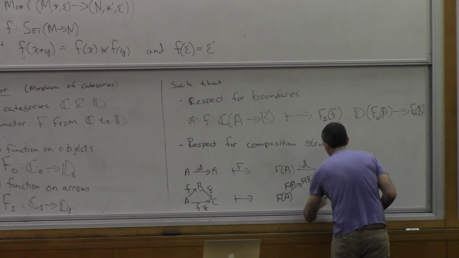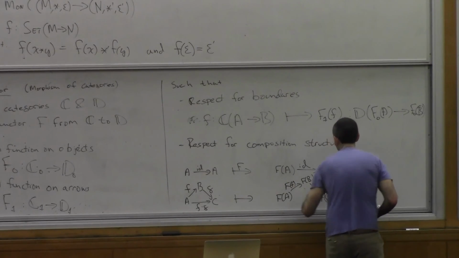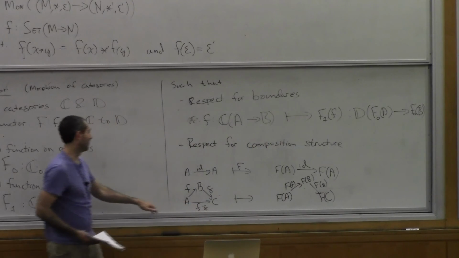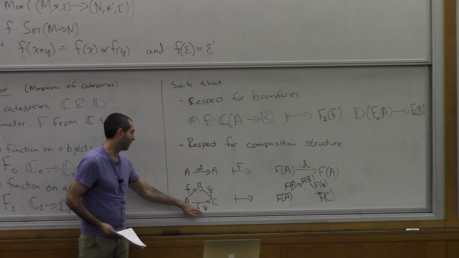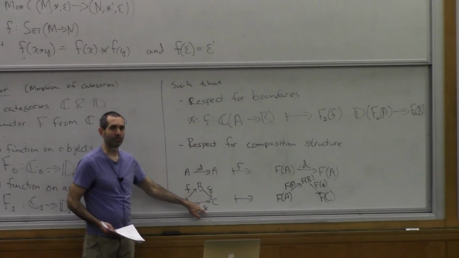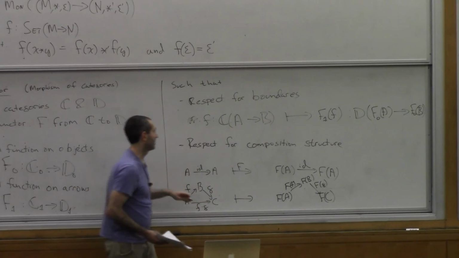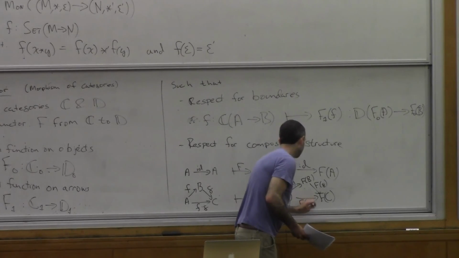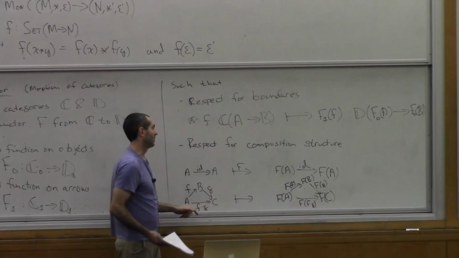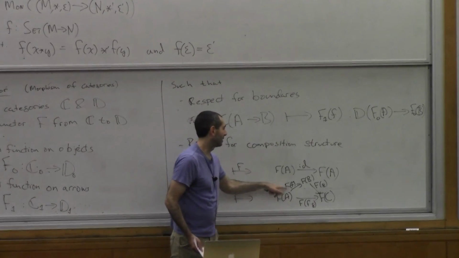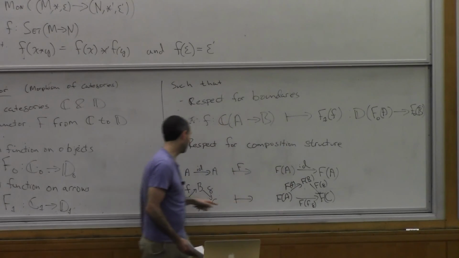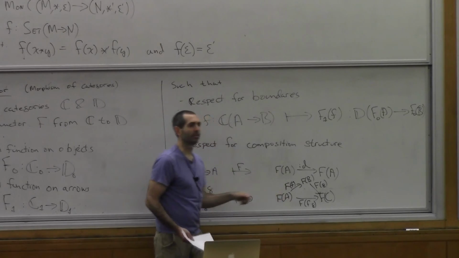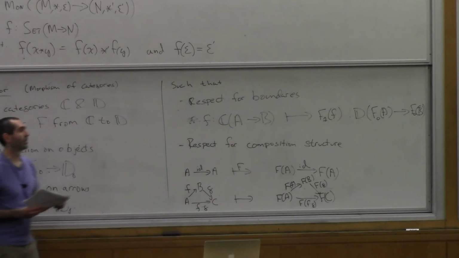And likewise here, we have the functor F applied to the arrow g. And then the question is, where should the functor F apply to the composite f followed by g? Respect for composition structure says that it should go here. Namely, that this diagram should commute. So if you apply the functor and then compose, it's the same as if you compose and then apply the functor. Okay, and then I'll stop there.